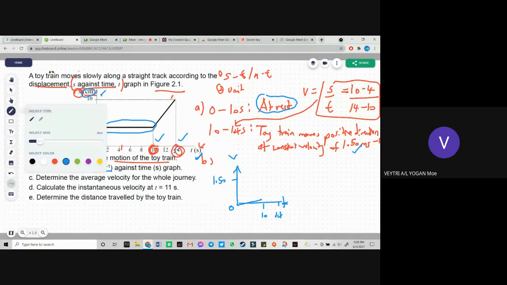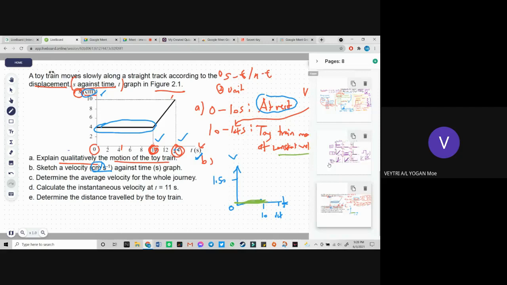Wait, I'll try using a different color. Okay, automatically it is like this here. Okay, flat. Now 10 to 14 it moves but at a constant velocity. But don't worry, it is positive. Okay, it is positive. Now it moves upwards like this in the displacement time graph.